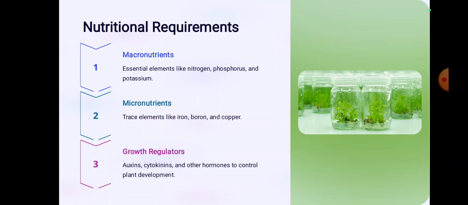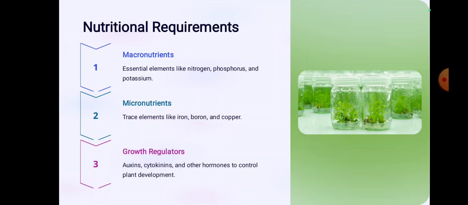The first requirement is macronutrients. Macronutrients are required in large quantity, greater than 30 ppm. They are essential elements like nitrogen, phosphorus, and potassium. Nitrogen helps in growth and development of the plant. Magnesium is part of chlorophyll, and calcium is used for cell wall formation.